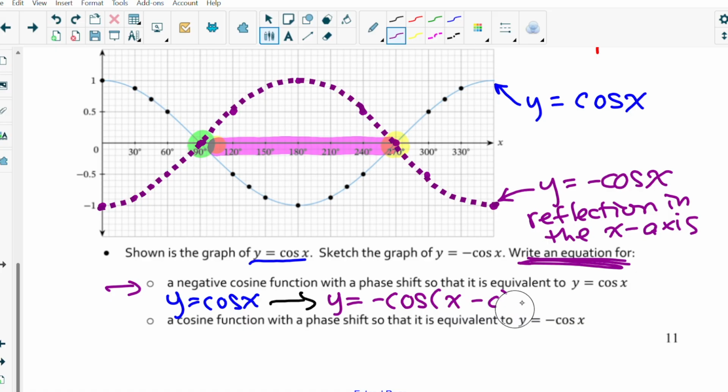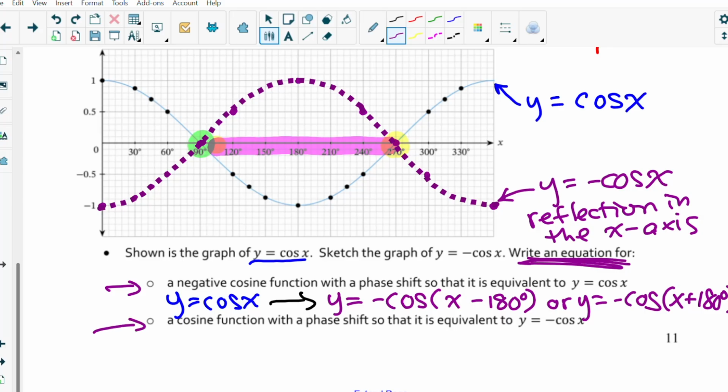A couple ways you can write this. So that's y equals negative cosine of x minus 180 degrees. That is a phase shift to the right, so a positive 180 degrees, or y equals negative cosine of x plus 180 degrees, which is a phase shift to the left. Remember, we can go either left or right.